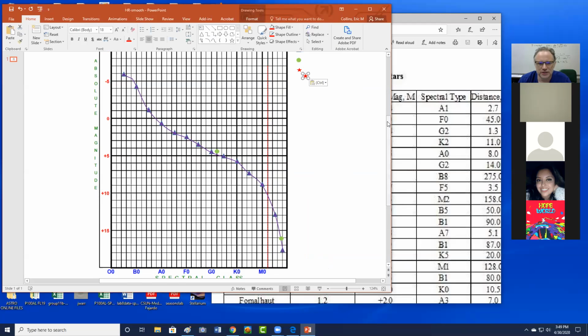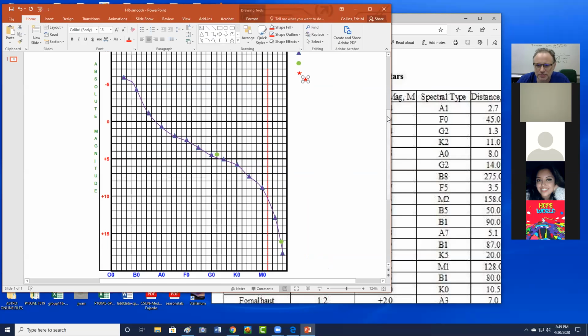There's the star. And now I need negative 6.6. So when I move this over, I go up to negative 6.6. Well, here's 0. I go up, negative 5, negative 6. That's kind of up here.